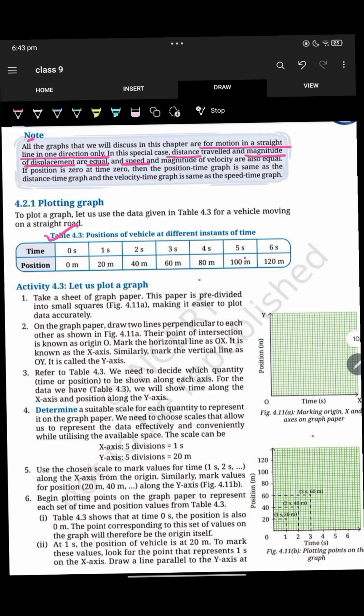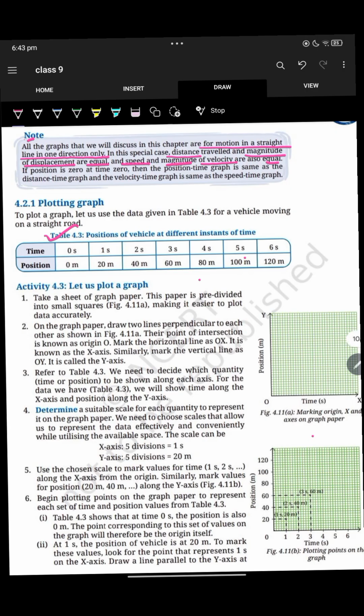Speed and velocity will have the same magnitude. Distance is the actual path traversed by the object, and displacement is the shortest path covered by the object in a particular direction. So distance is a scalar quantity and displacement is a vector quantity.